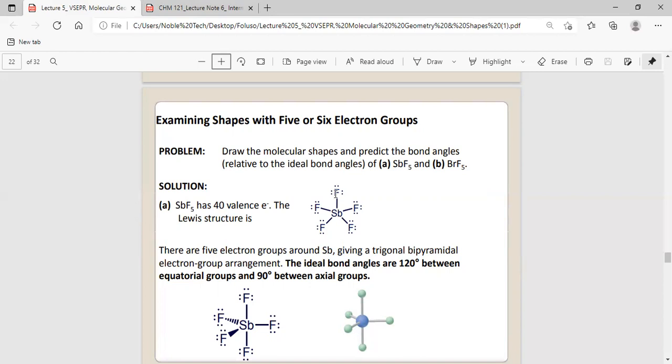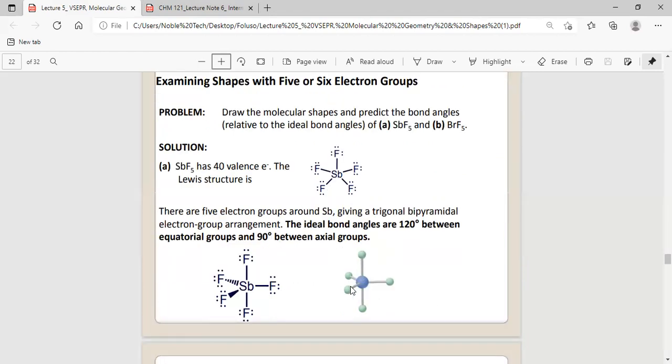This is the Lewis representation, but this is the molecular geometry. You have the equatorial and the axial positions, with fluorine positioned as a terminal atom along the equatorial and along the axial.